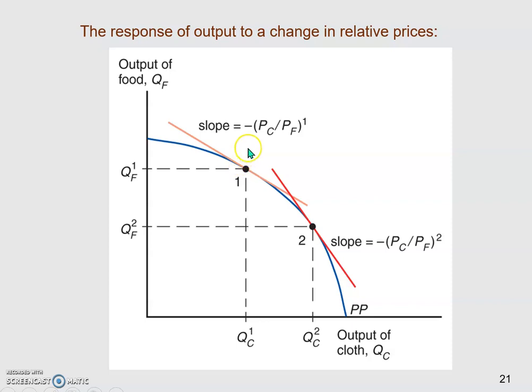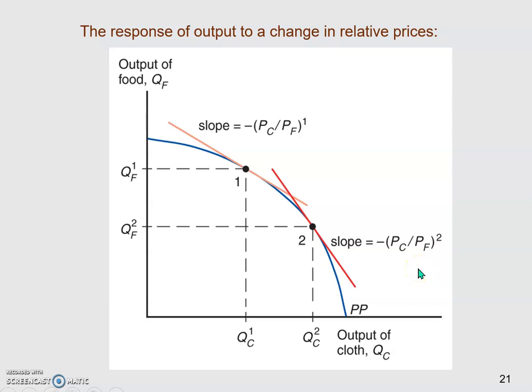Now, because the price of cloth rises, this ratio here becomes larger, and that means the tangent line gets steeper. So we're moving along the PPF from point 1 to point 2. At point 2, as we already mentioned, the food output would decline, whereas the cloth output would rise, which is exactly what we find at point 2.